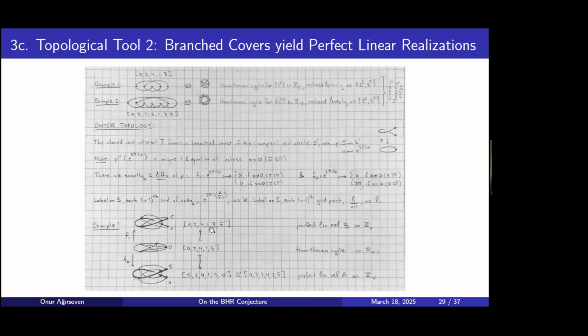So the thing that we realized is that basically this is all coming from how the interval forms a branched cover of the circle. Okay?